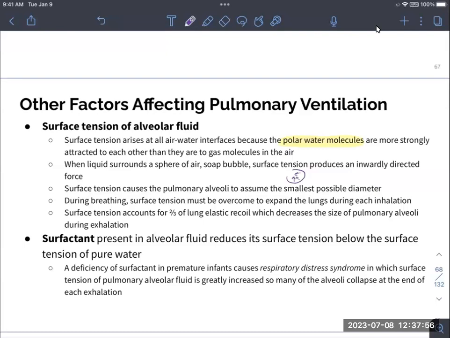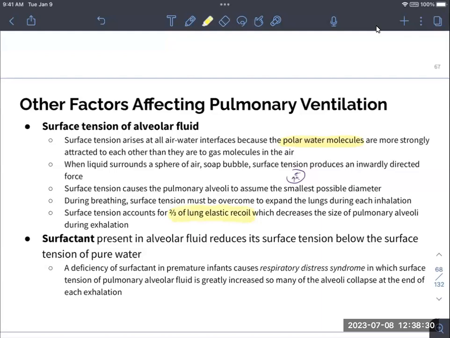So when we're breathing, that pressure has to be higher. This air that's coming in has to overcome this surface tension to allow these alveoli to expand. So this surface tension accounts for about 2/3 of that elastic recoil.